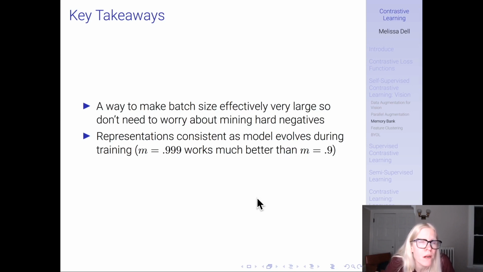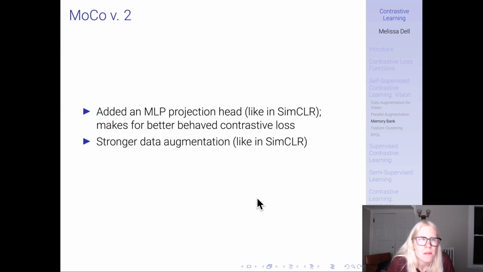Interestingly, they find the model works better when they choose the momentum parameter of 0.999 versus 0.9, which comes back to this idea that the key representations are evolving very slowly at each step, which means you can use this dynamic dictionary to get representations from past batches that are not too out of date. Because at each step, the model that you use to compute the new representations that are added to the dictionary has only changed a little bit from the previous model.